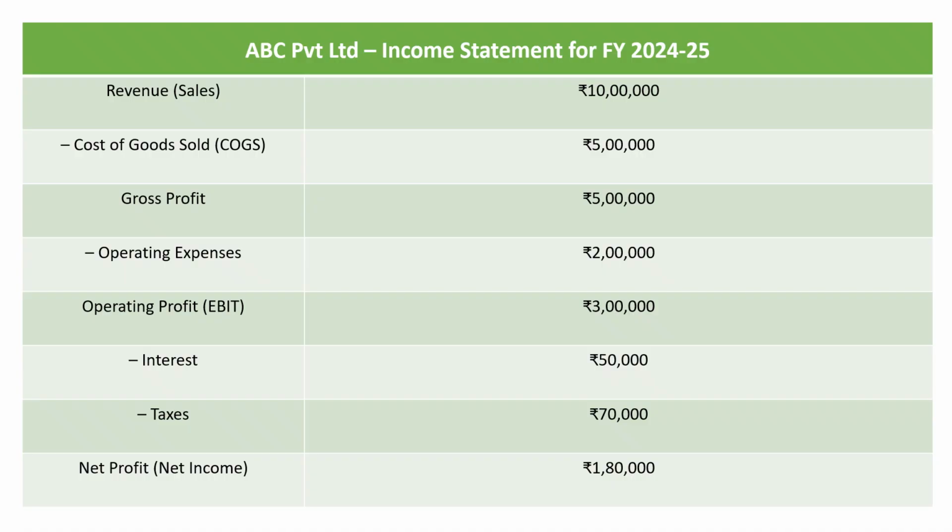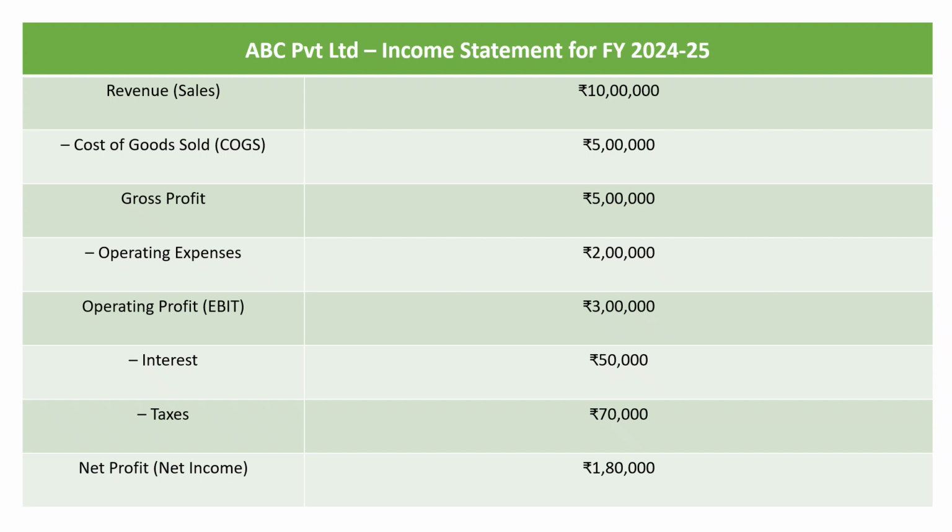Now, let's take an example of a made-up company, ABC Private Limited, whose income statement for financial year 2024 and 2025 is shown. So as you can see, we have revenue or sales of 10 lakh rupees, and cost of goods sold is also mentioned, 5 lakh rupees. Now to calculate the gross profit, we subtract COGS from revenue.